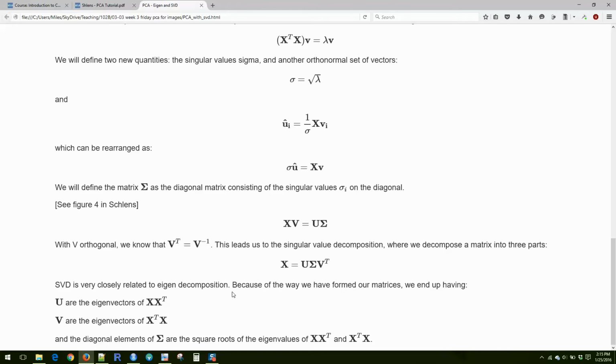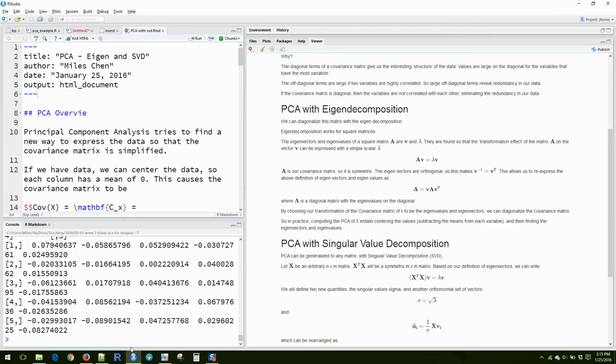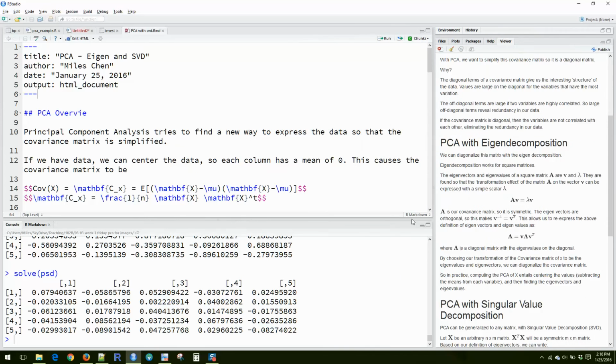So I want to show you a neat application of this, in that we could do a rudimentary image compression with this type of analysis here.